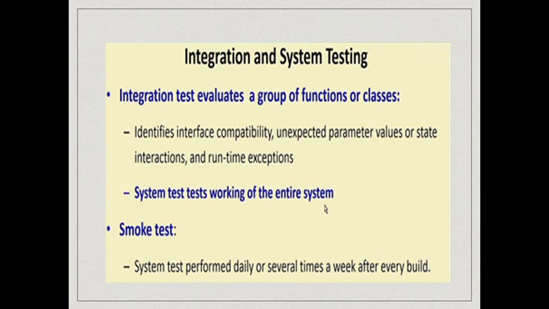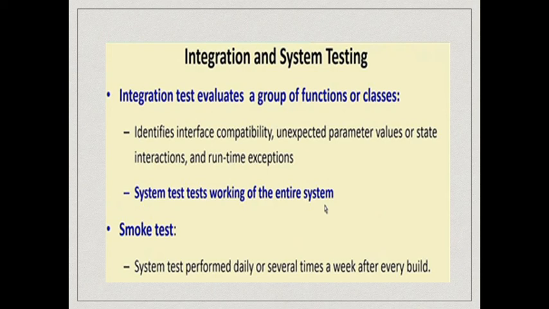Now we will discuss integration testing. In integration testing, we integrate a group of functions or classes, then find if they are compatible, for example if there are unexpected parameter values. On the other hand, in system testing, we look at the entire system. There is another term here: smoke test. Before we start testing, we normally do a smoke test.